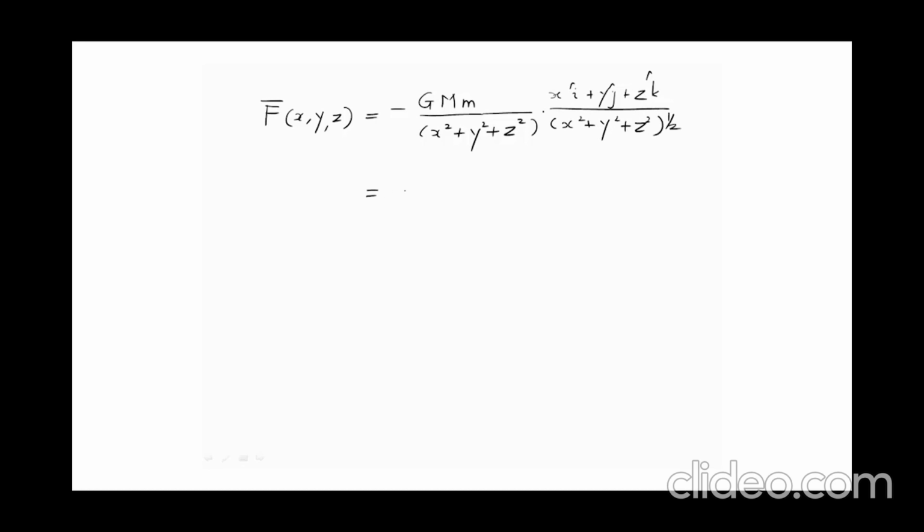Or in other words, this force law takes the form minus G M m times x i cap plus y j cap plus z k cap divided by x square plus y square plus z square to the power 3 over 2.